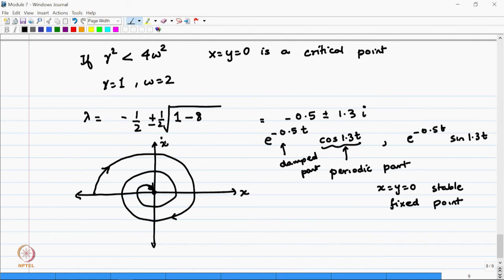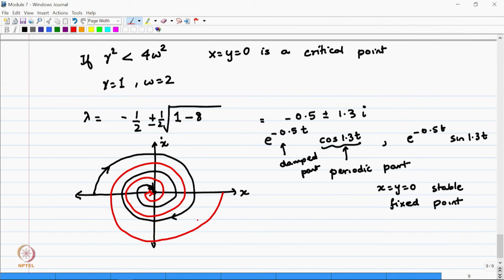at this point. So, it will look like your periodic solutions, but they will end up at this point. You can look at several other solutions. For example, if you start here, then it will go like this.